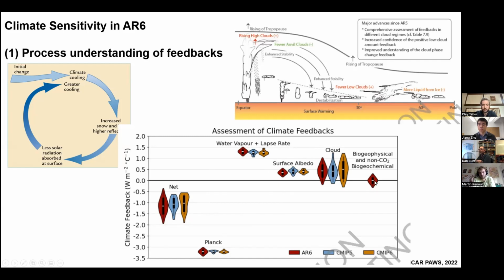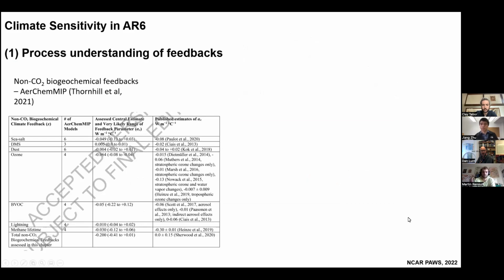But also this time round in AR6, there was quite a bit more work on looking at some of the more system-type feedbacks, like the biogeophysical and non-CO2 biogeochemical feedbacks. So, for example, assessments were made of feedbacks associated with sea salt, DMS, dust, ozone, etc., all assessed through various different lines of evidence.